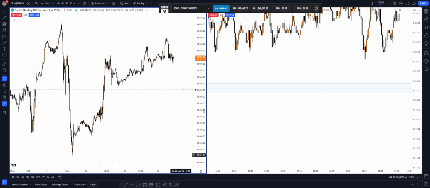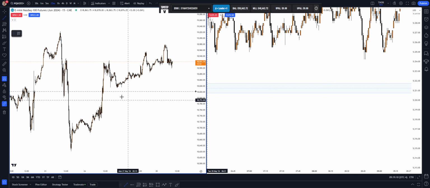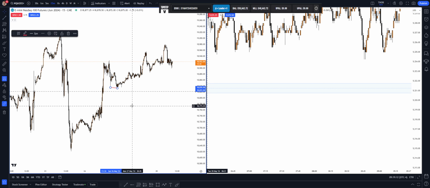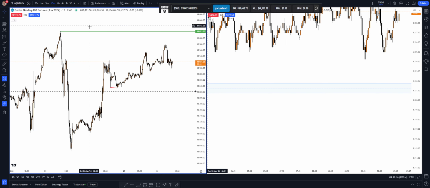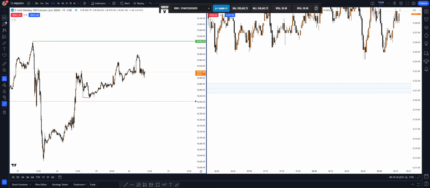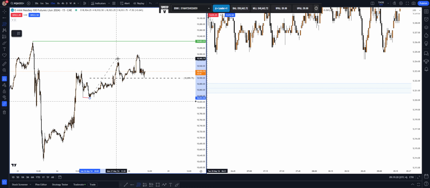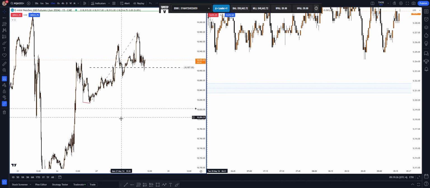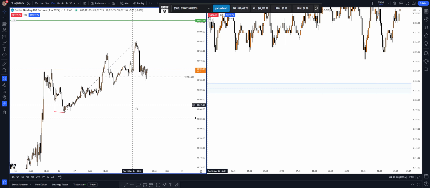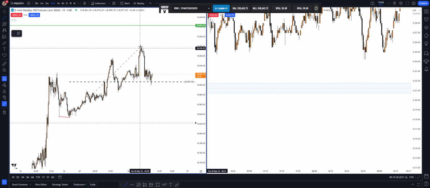Alright, I gotta paint it again though. So this is the S&T. This is the buy side. Alright, cool. This was the dealing range which was delivered. Now we have a new dealing range and a new short-term buy side.